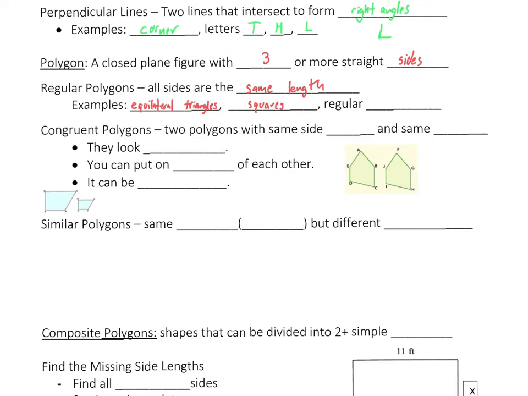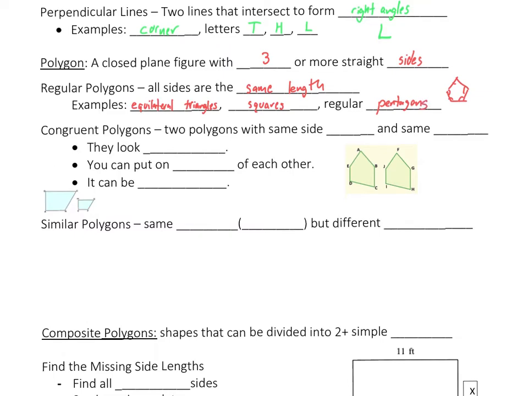And a five-sided we would call not all pentagons, but a regular pentagon. So these are going to have all five sides the same length, and all five angles would be the same too. Same thing with squares and equilateral triangles.